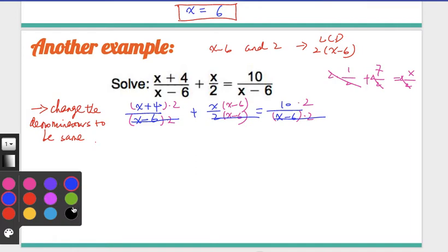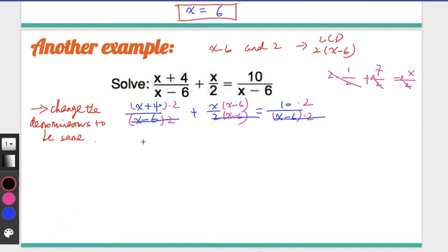Now let's write down what I have on the top. It is 2 times x plus 2 times x minus 6, and 2 times 10, which is 20. Now let's simplify them. Almost made a mistake. So with parentheses, let's break them down. x squared minus 6x.